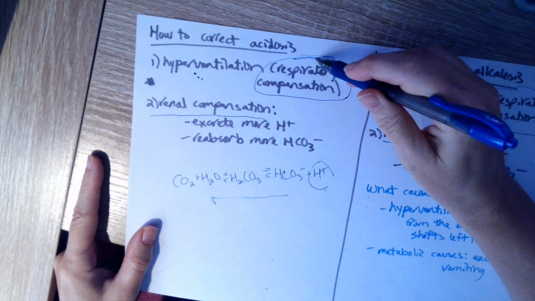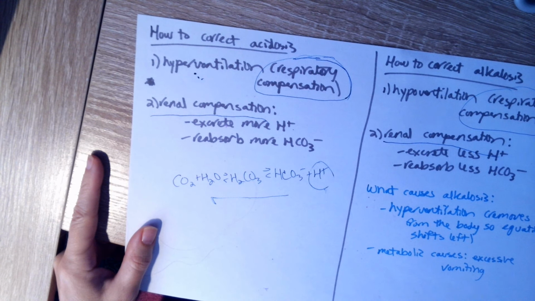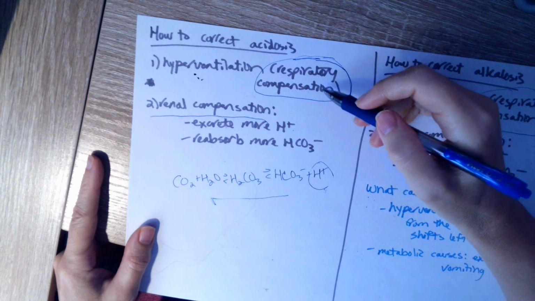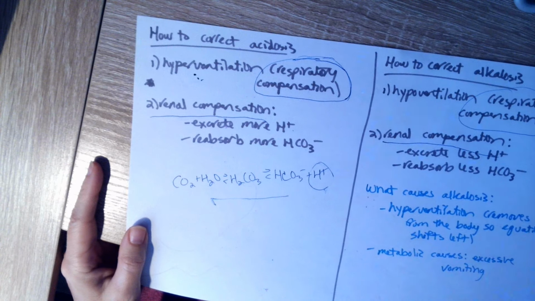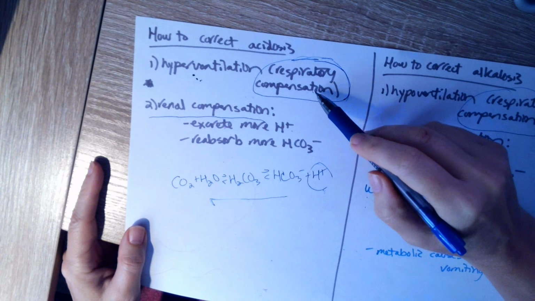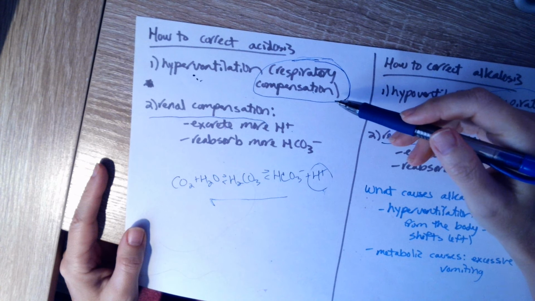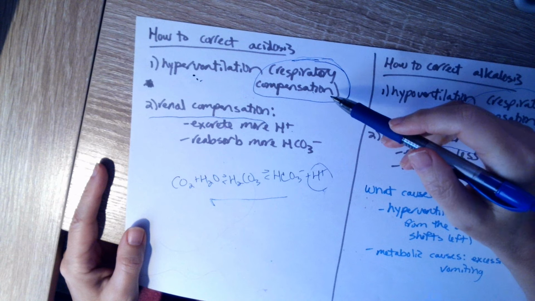So when people say, oh, if somebody is hyperventilating, then you put a paper bag over their mouth and make them breathe into the paper bag, don't do that, because think about what could happen if that person is hyperventilating because they're acidic and they're doing respiratory compensation. They don't know that. You don't go, oh boy, my blood feels really acidic right now, I think I'm going to hyperventilate.